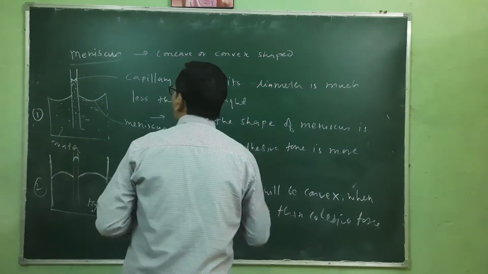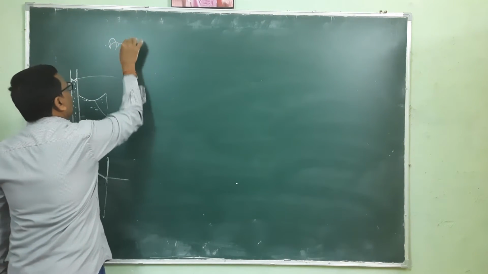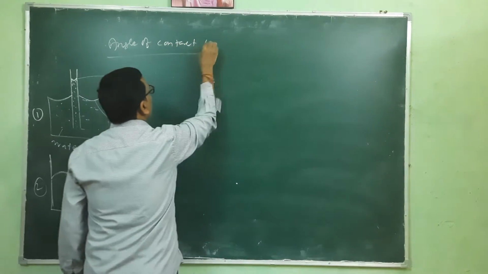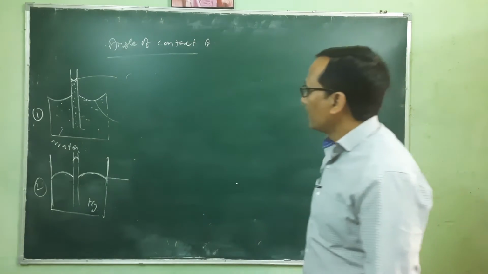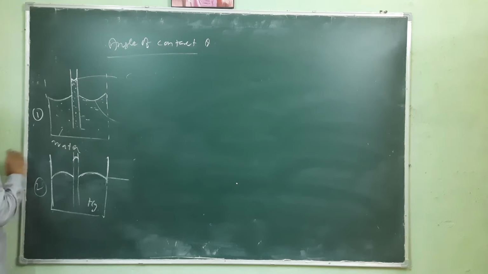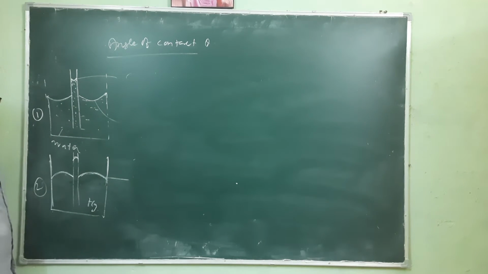Okay. Now the angle of contact. This is another term used in this chapter. Here is the container, and this is the contact point.